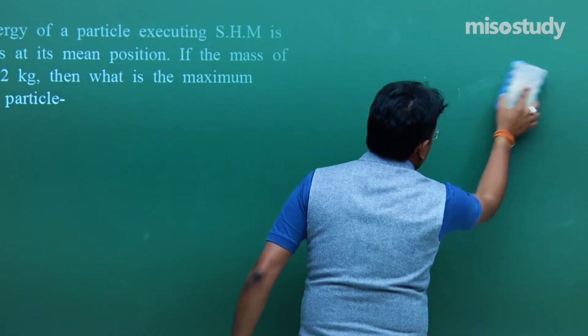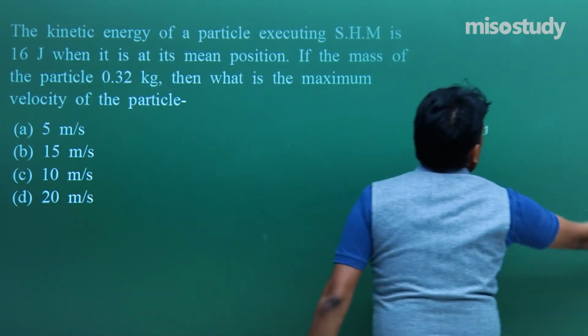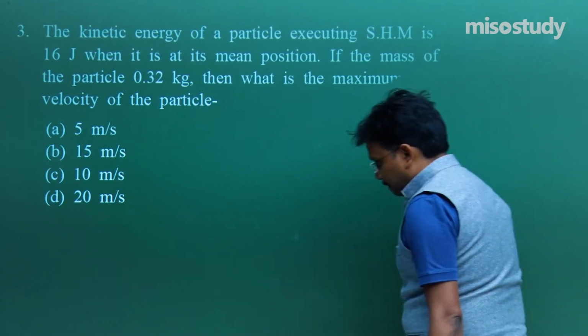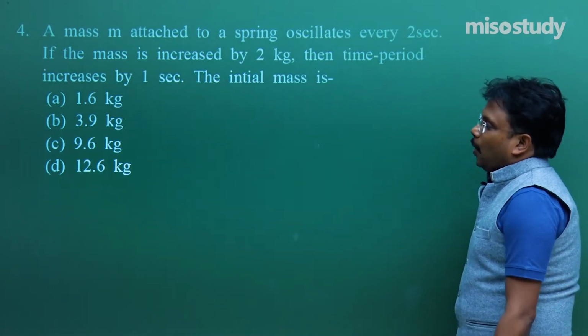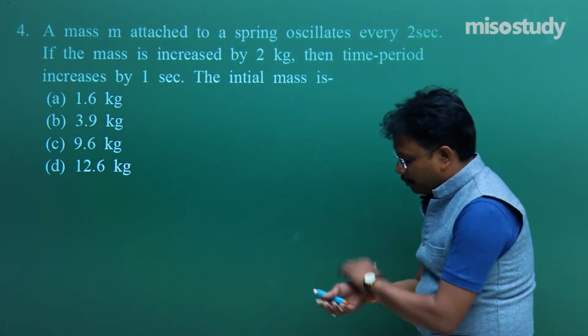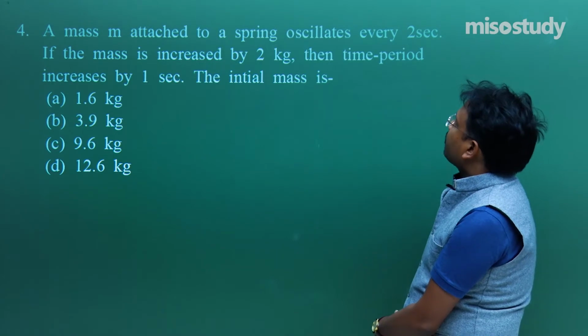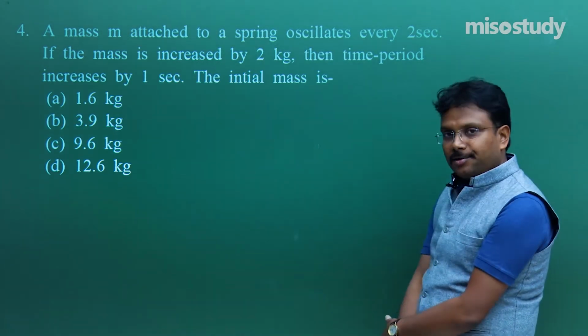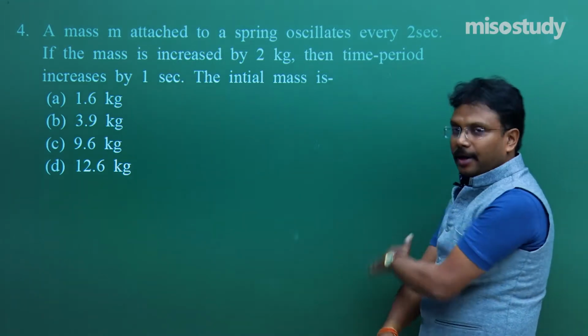So now it's time to move for the next problem, and the next problem is this one. Please try to understand the problem first. A mass m attached to a spring oscillates every 2 seconds. It means time period is 2 seconds.